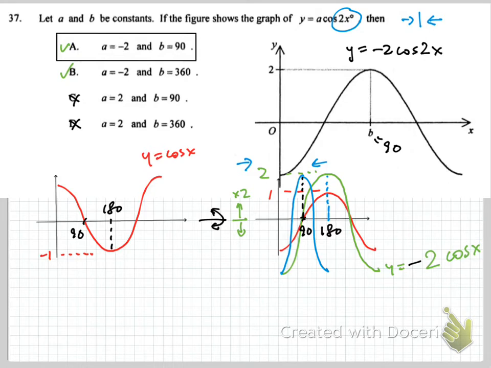This highest point, the x coordinate shall be 90 if the answer is A, right? And the y coordinate should be 2. You can put into this equation to see when x is 90, y is 2, right? Is the equation satisfied? -2 times cosine 180. Cosine 180 is -1. So indeed, this answer is correct. Alright, you can check the answer by noting the position of this highest point.